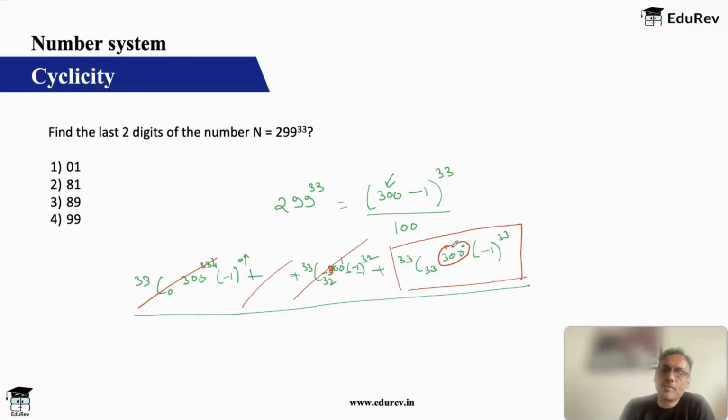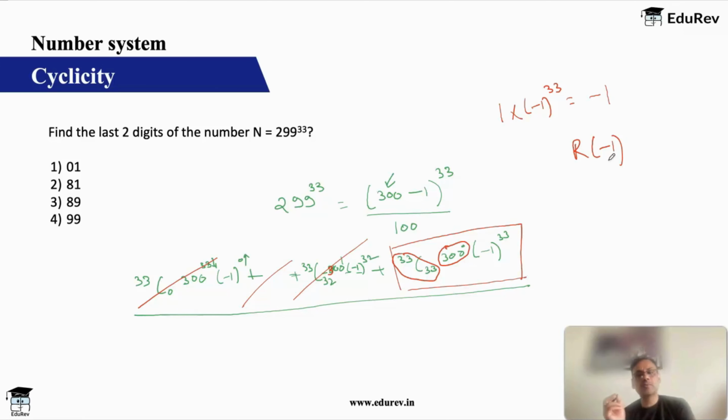That means 300 to the power 0 means 1. So this term is 33C33, which is again 1. So it is 1 into minus 1 to the power 33, which means it is essentially minus 1. And all other terms before that have got divided. So what you'll be left with in the numerator is minus 1 divided by 100, which will give you a remainder of minus 1.